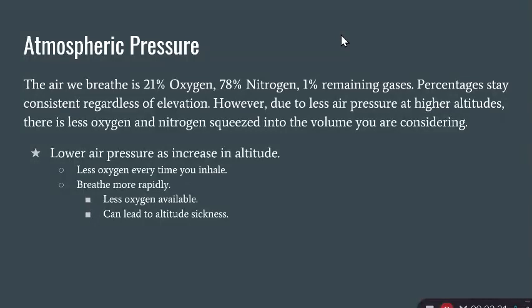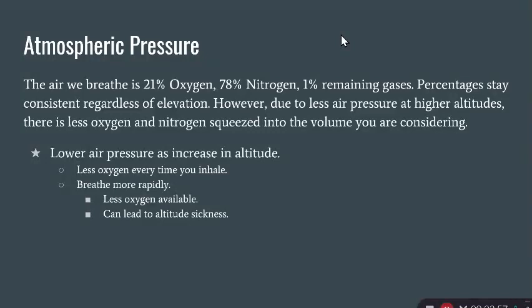For example, at sea level, the air molecules are pretty close together. But the higher up we go away from sea level, such as taking a hike up a mountain, the farther apart these air molecules are. And that's important because the farther apart the air molecules are, the less pressure is exerted on us. And that would make sense.